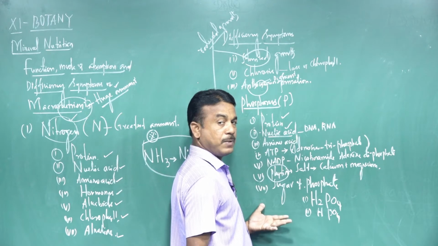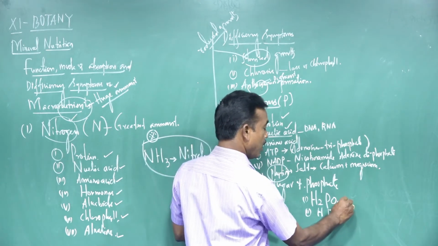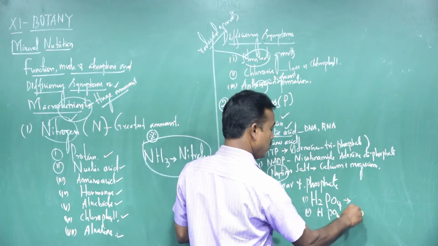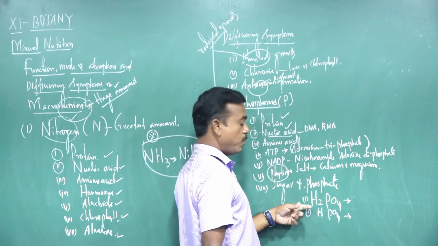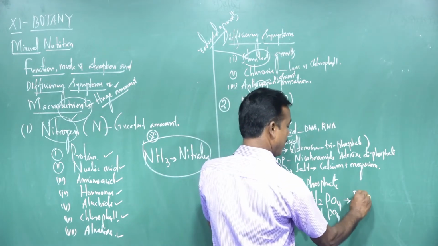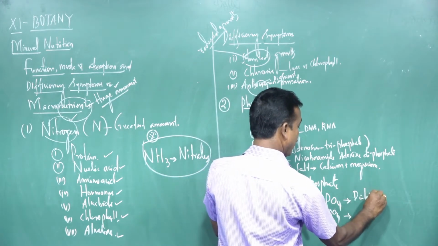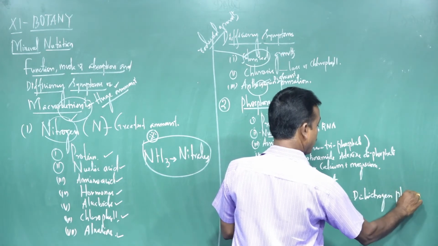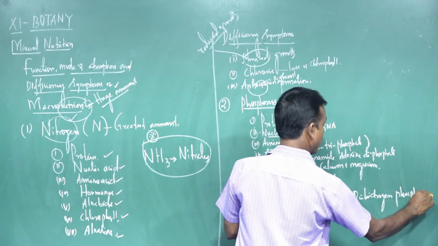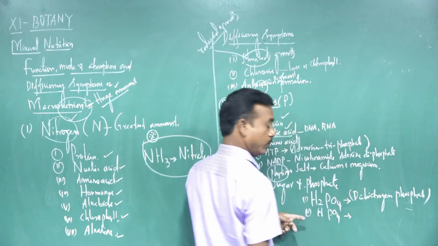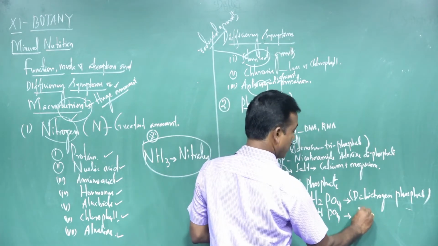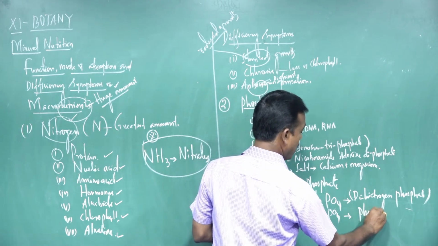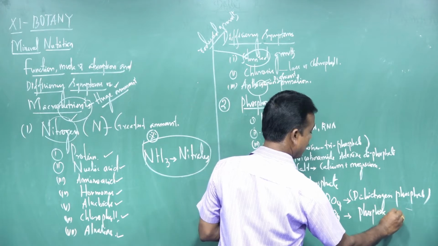So plants take up phosphorus in the form of H2PO4 and HPO4. H2PO4 is commonly called dihydrogen phosphate, and HPO4 is taken up in the form of phosphoric acid.